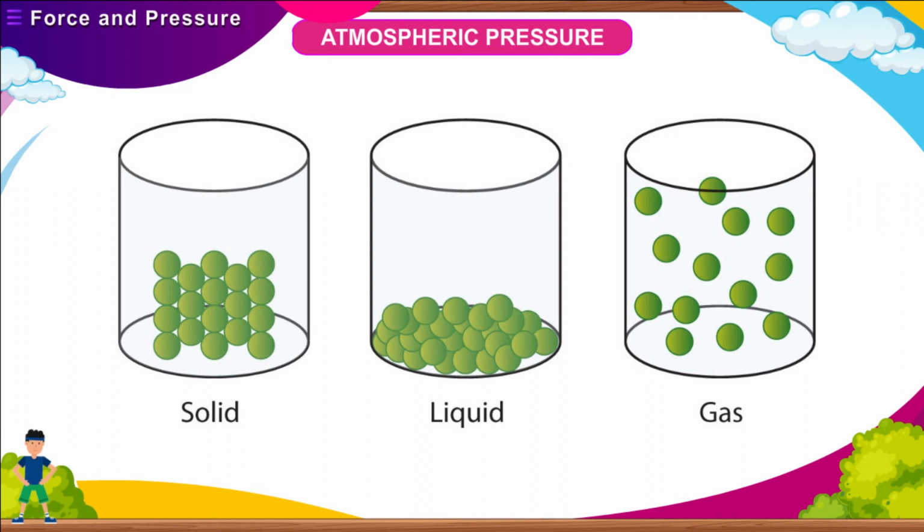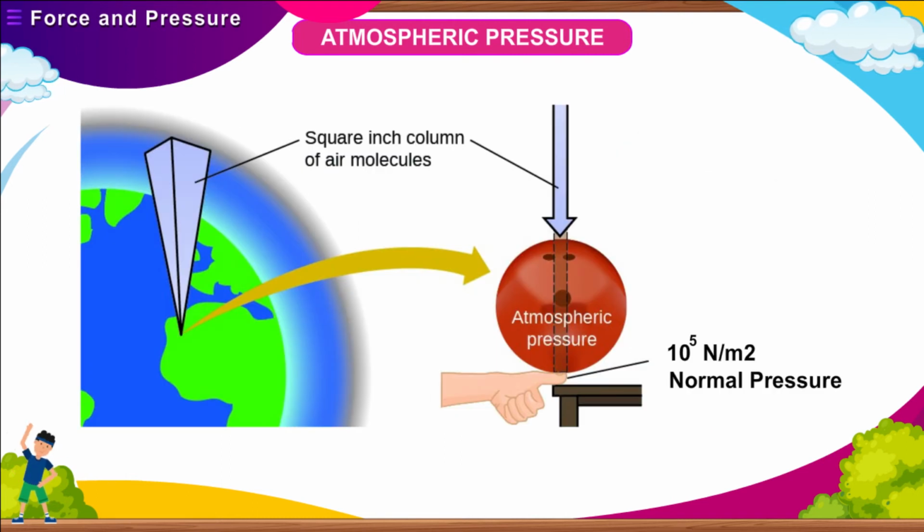Atmospheric pressure. Just like liquids and solids, gases also exert pressure. The blanket of air around us is called atmosphere, and the pressure exerted by it is called atmospheric pressure.